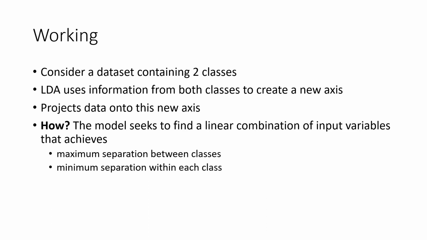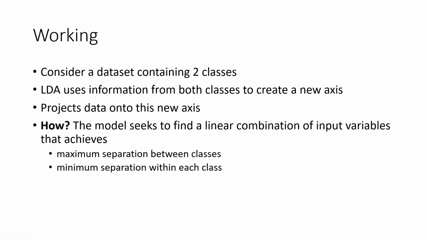And how does this happen? The model seeks to find a linear combination of the input variables that achieves maximum separation between the classes and minimum separation within the class. This is similar to what we say in clustering algorithms, right?